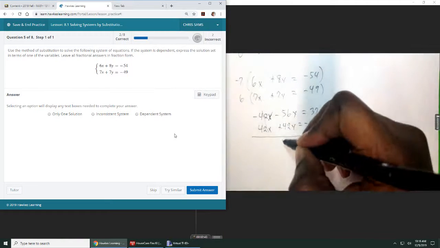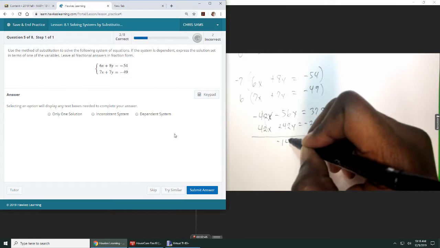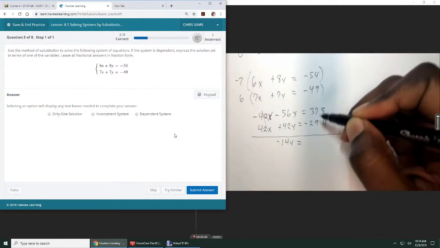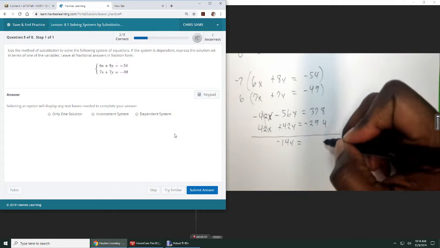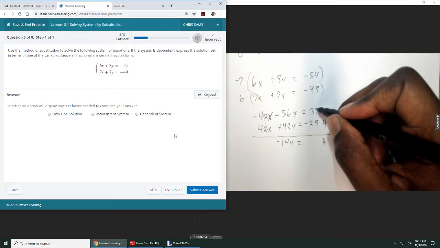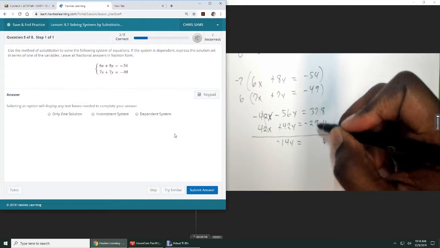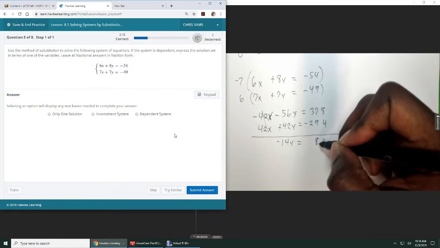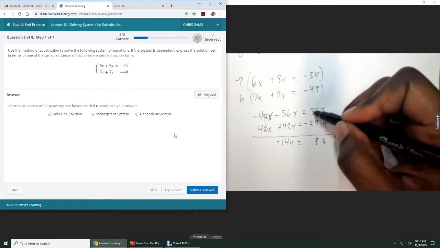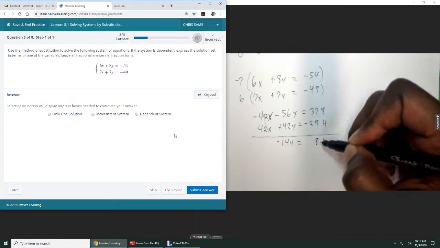This ends up being negative 14y equals, and then when we subtract these two, we get 84.